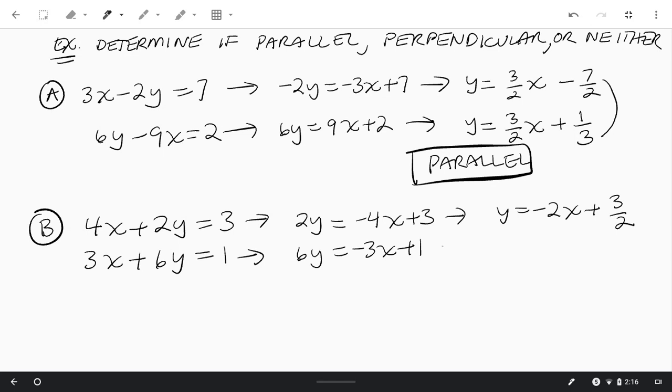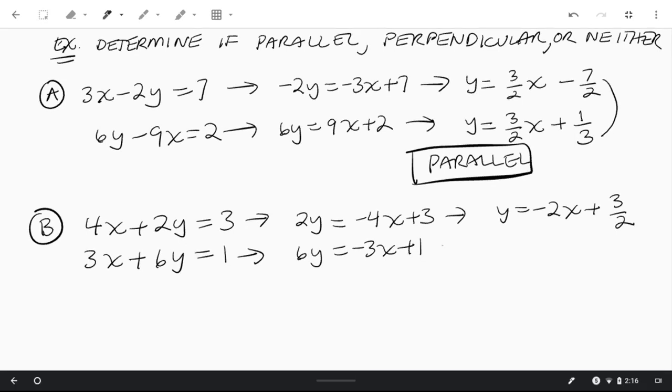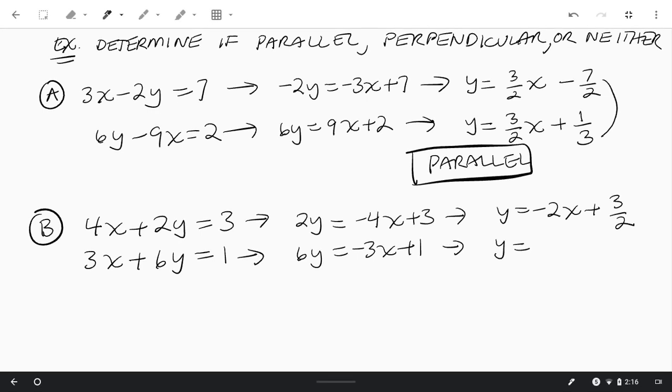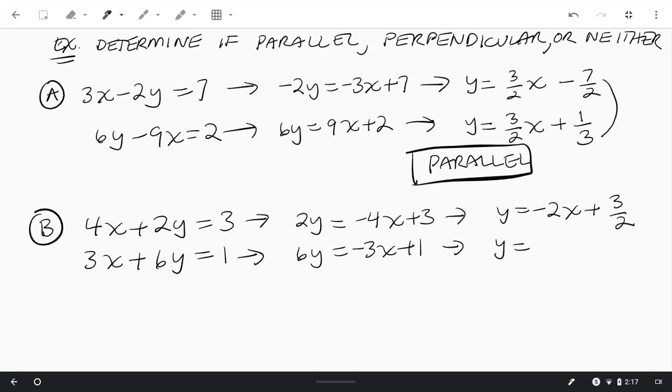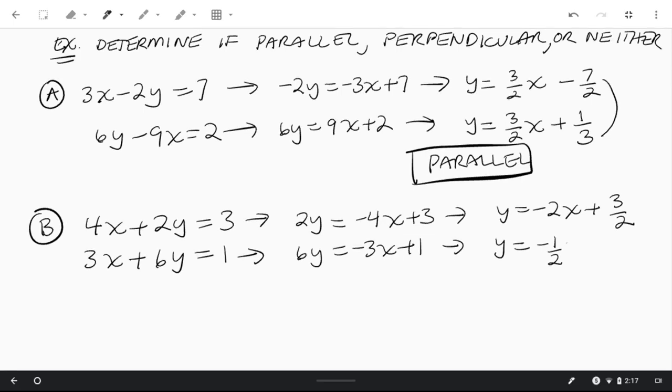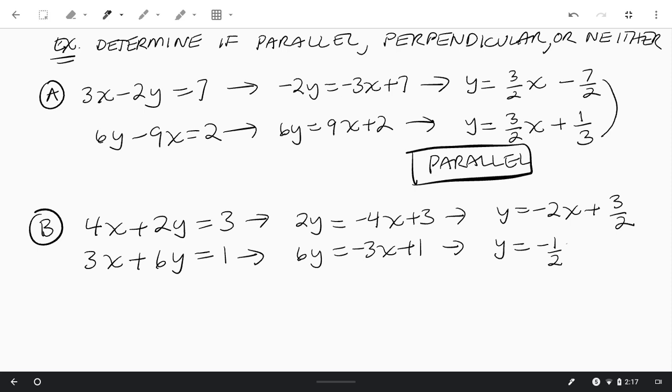And then I'm going to divide both sides by 6. That gets the y by itself. Negative 3/6 is negative 1/2. Okay, and plus 1/6.